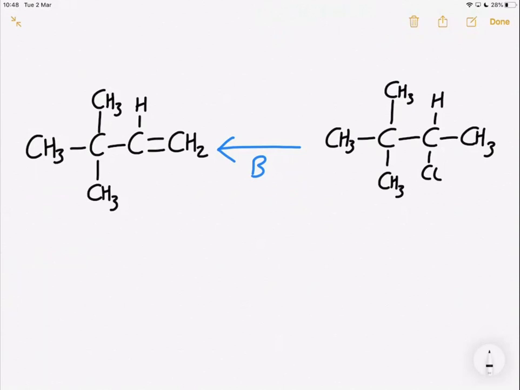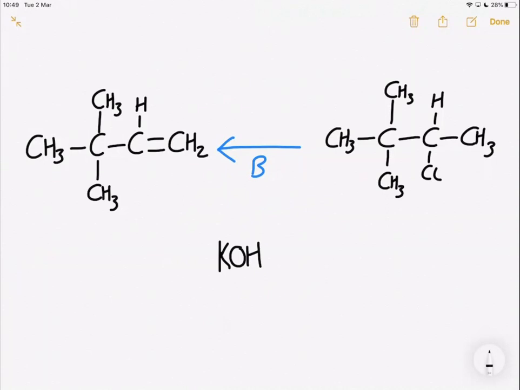We might as well discuss the conditions now, though, because remember that when you react sodium or potassium hydroxide with a halogenoalkane, the nature of the solvent and the temperature actually influence what happens. So if it was cold and aqueous, then that would not perform this conversion. You would get an alcohol instead because you'd get nucleophilic substitution.